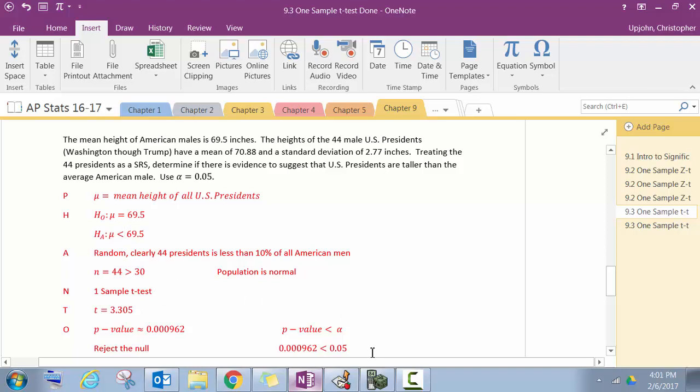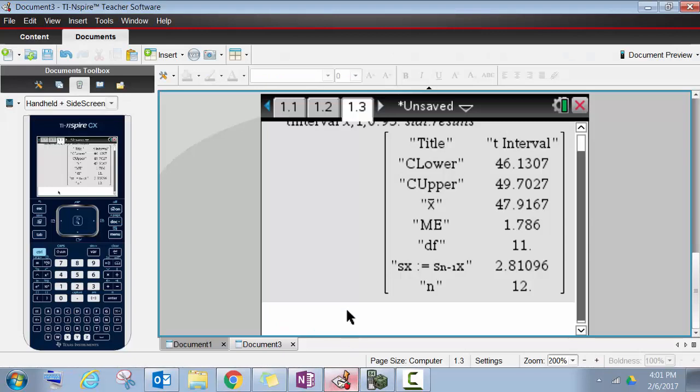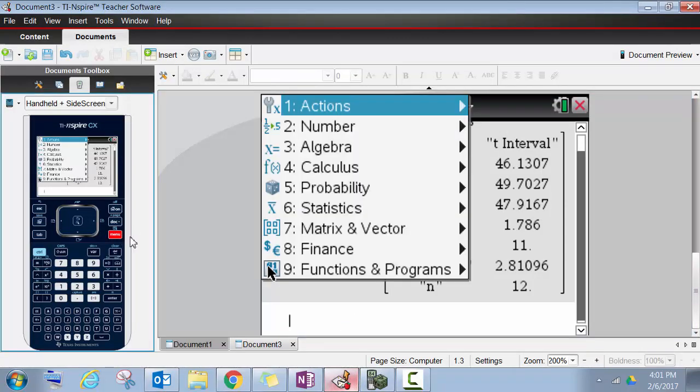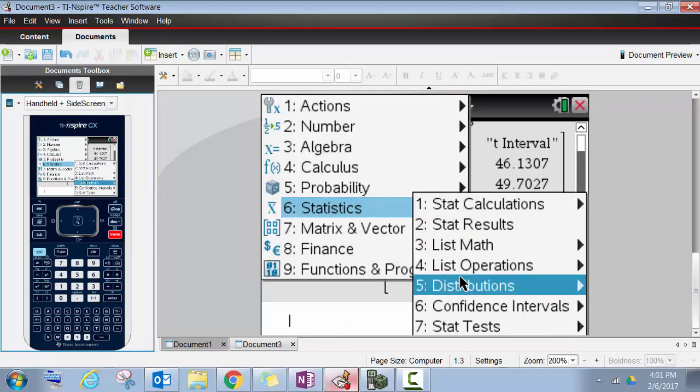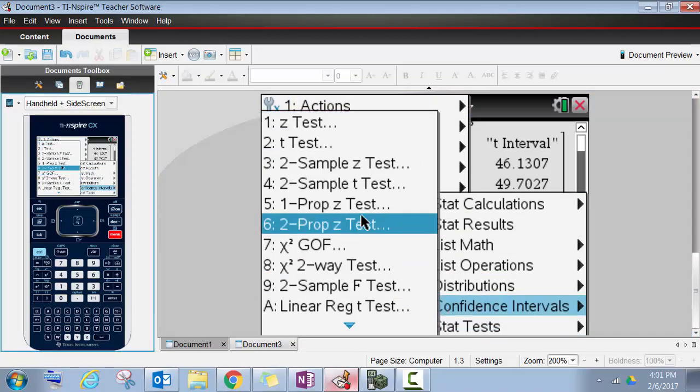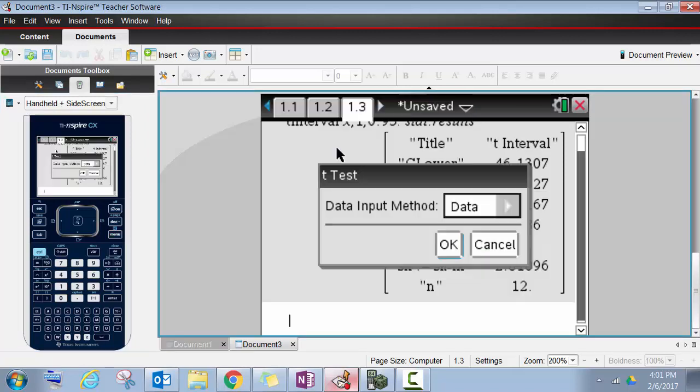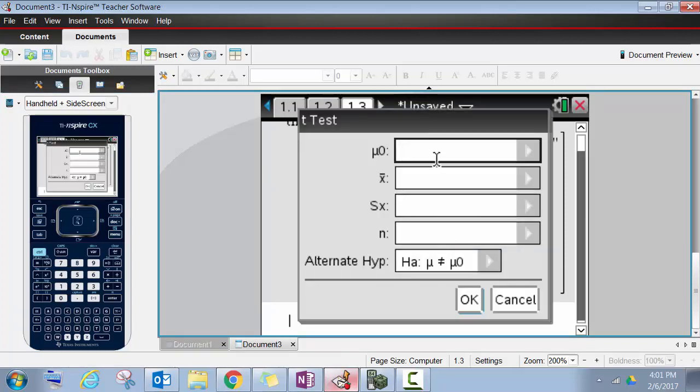And now I'll show you how to do this on the calculator without doing all the work. So if you have the Inspire, menu, statistics, stat tests, and t-test. We don't have data, we have stats. So our mu was 69.5.